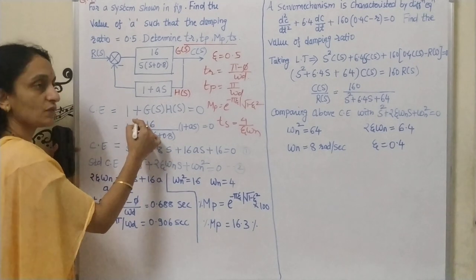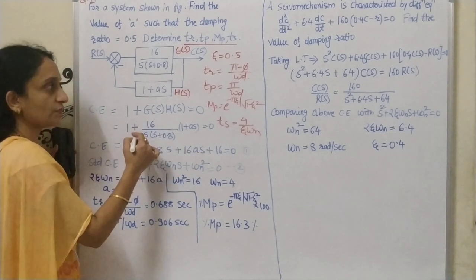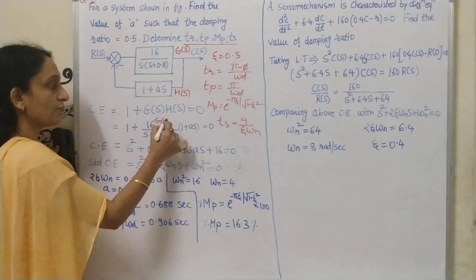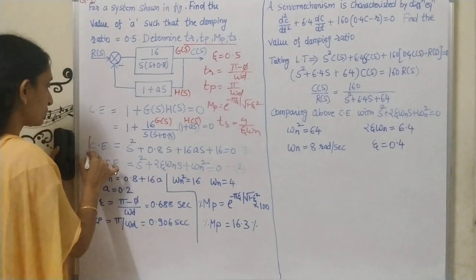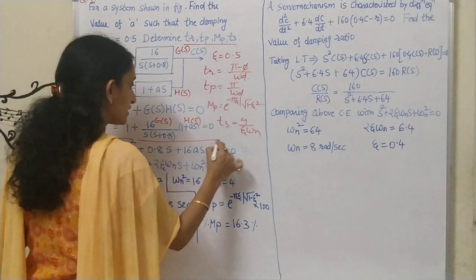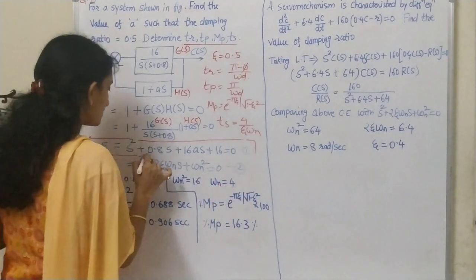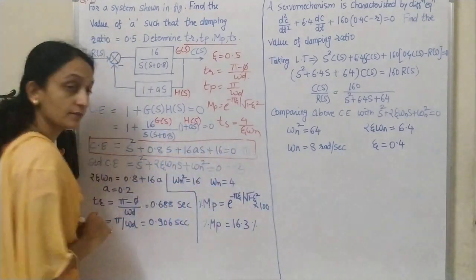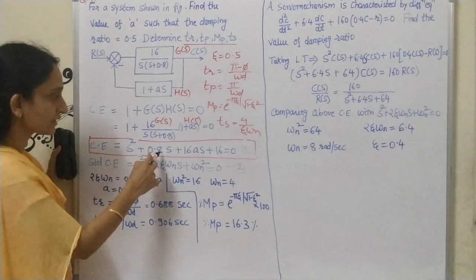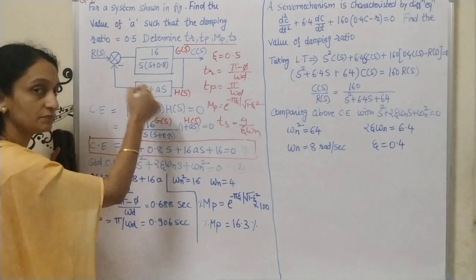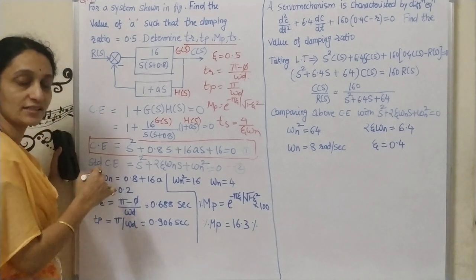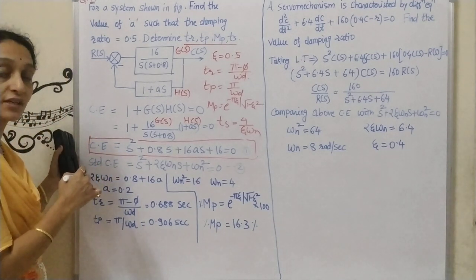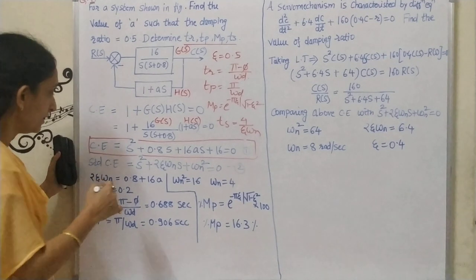The characteristic equation is given by 1 plus G of S H of S. I have substituted G of S H of S here and rearranged, so I got the characteristic equation of the system.